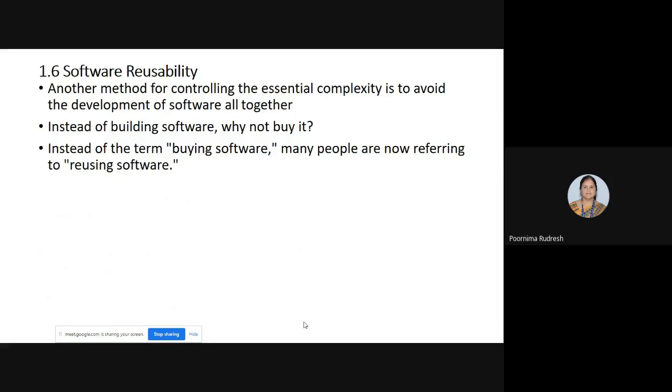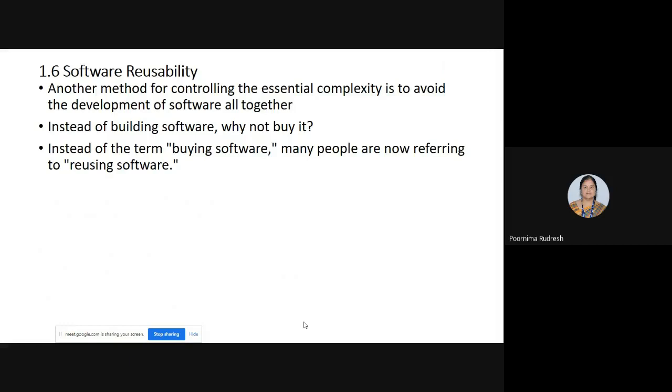What does that mean? Suppose I have given one problem and you are finding the solution for it. If you consider developing an operating system or any application, when you are developing that application, you may require the use of spreadsheets, PowerPoint, or word processors.